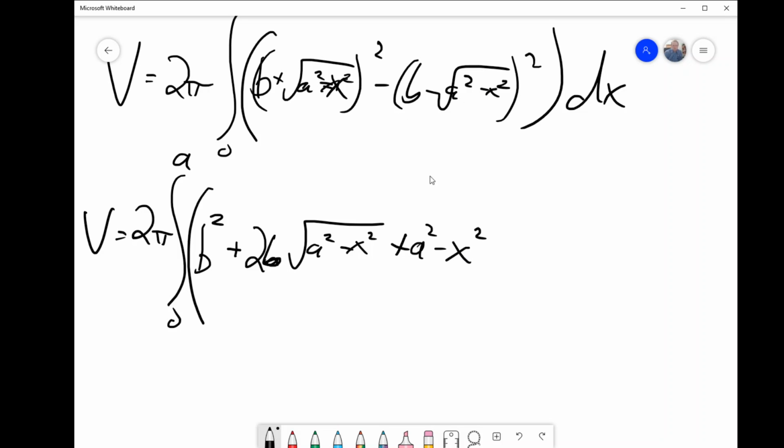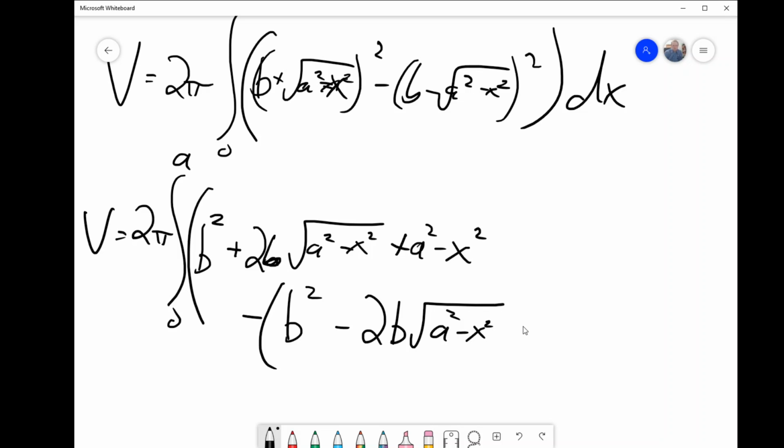And now expanding the second, we're going to have minus b squared, and it's going to be almost the same. We are just changing the sign of that middle term. And that's integrated with respect to x.